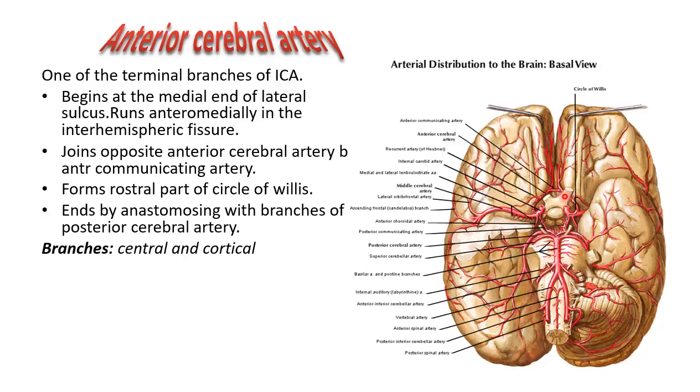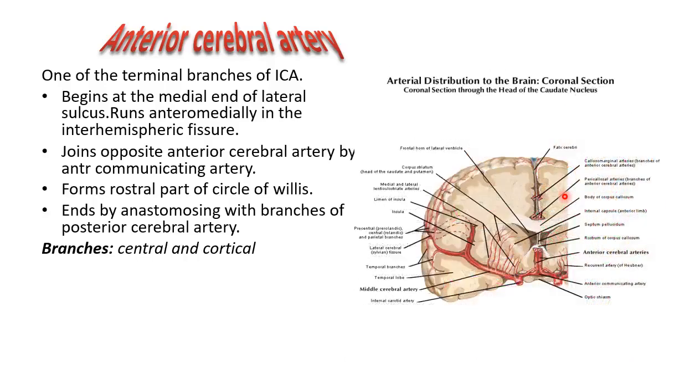First, let us try to understand the central branches. Here you are able to see the anterior cerebral artery. It mainly gives off certain central branches. The central branches come under the circle of Willis group of branches, mainly the anteromedial group and anterolateral group of branches.